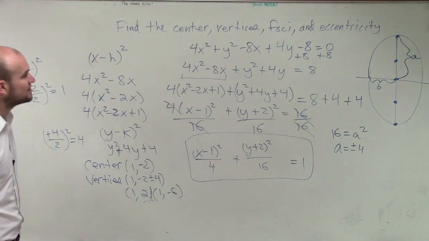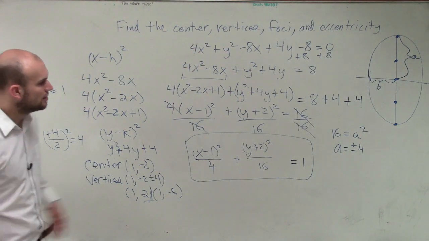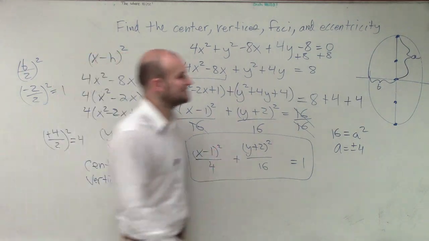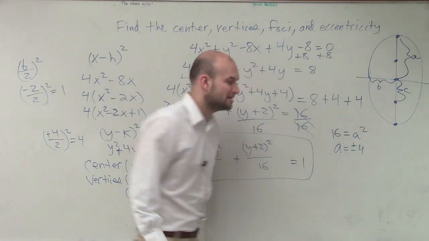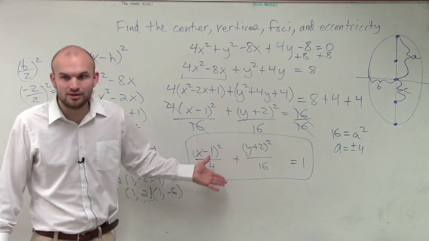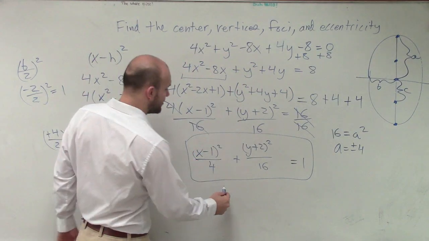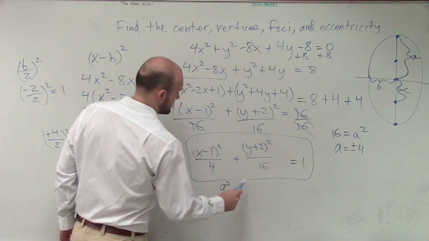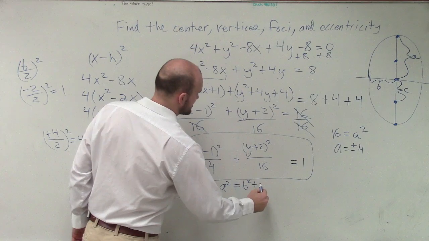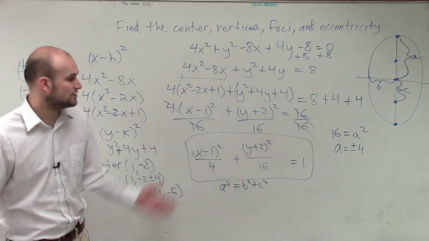Last thing we need to do is find the foci. Well, ladies and gentlemen, foci has a distance of c. And we got a little issue with that because do we have a c in this formula? No, but the only thing we do know is a squared equals b squared plus c squared, right? And do we know what a and b are?